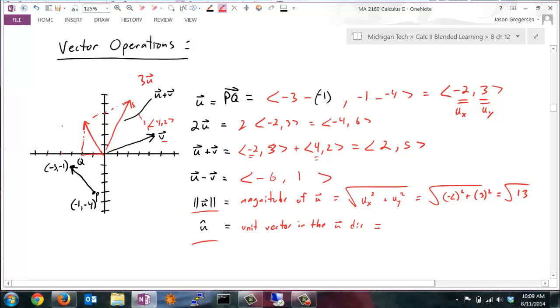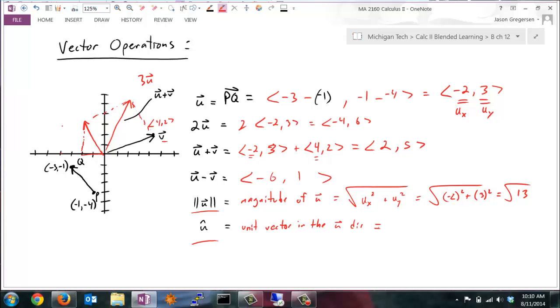I don't care about how long it is. But when I use that vector, when I play with it, it has some sort of length already built into it. So I wish I could remove that component of it. Just keep the direction, but not have some weird length that's messing up all my calculations. And that's what the unit vector does. The unit vector is a vector that points in the direction of u, but has a length of 1. So it points in this direction, but it has a length of 1.